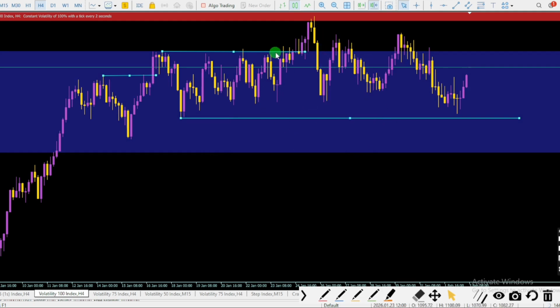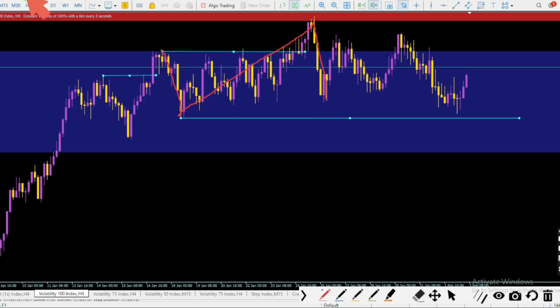Now, after market broke structure to the upside right here, what did markets go ahead to do? You can see after that break to the upside, markets had a retracement.